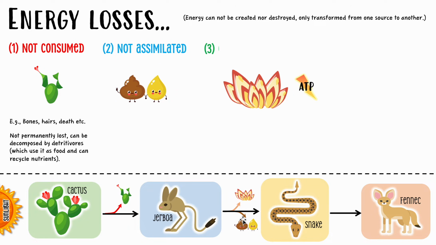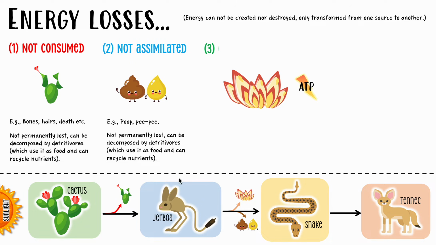So when an organism doesn't break down or absorb all the nutrients from the thing it eats, that's called not being assimilated. Assimilated is the process of breaking down, absorbing, and using nutrients in your body to build other structures like proteins or carbohydrates and things like that. So when you're not doing that and you're getting rid of it as waste, then this means it's not assimilated. Okay, so poo or pee.